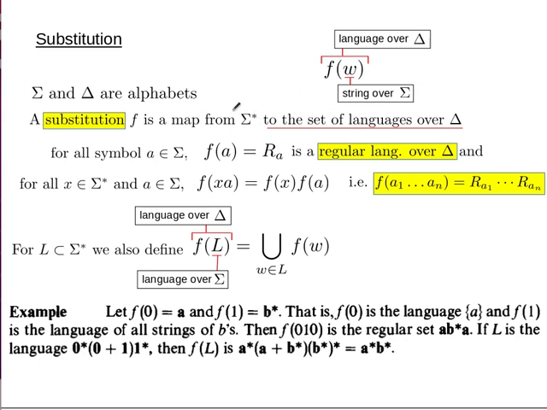So here you have the set of all strings, and here you have the set of all languages over delta. Okay, so the map is like this. You provide some string over sigma, and this produces some language over delta, right? It's not a specific string over delta. This f of w is an entire language over this delta. Okay, please notice that thing.